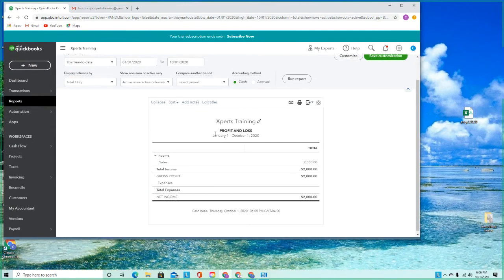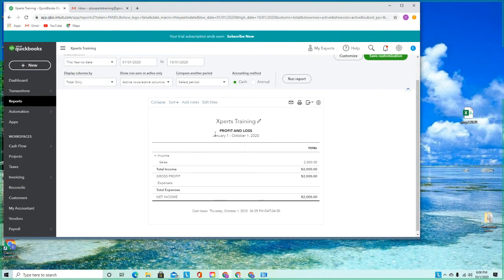So let's suppose you create an invoice for $2,000, right? October 1st, and October 1st you receive the payment, but that client maybe made a payment for $3,000 because there was a second invoice for this client and he was paying $1,000 on the other invoice plus $2,000 on this invoice.